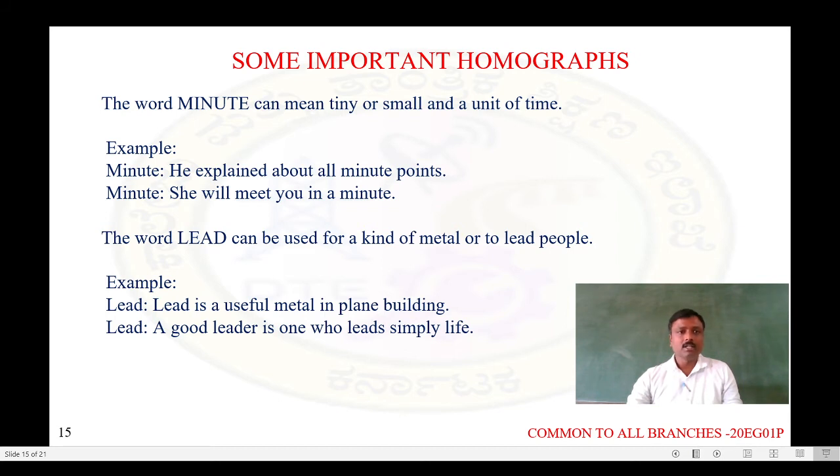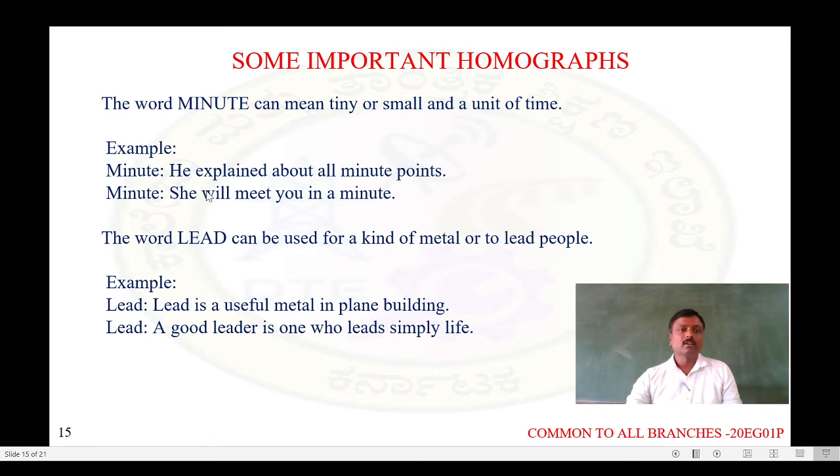For example, if we use the word minute and minute in two different sentences, the sentences will be like this. He explained about all minute points. Here minute means small or tiny points.